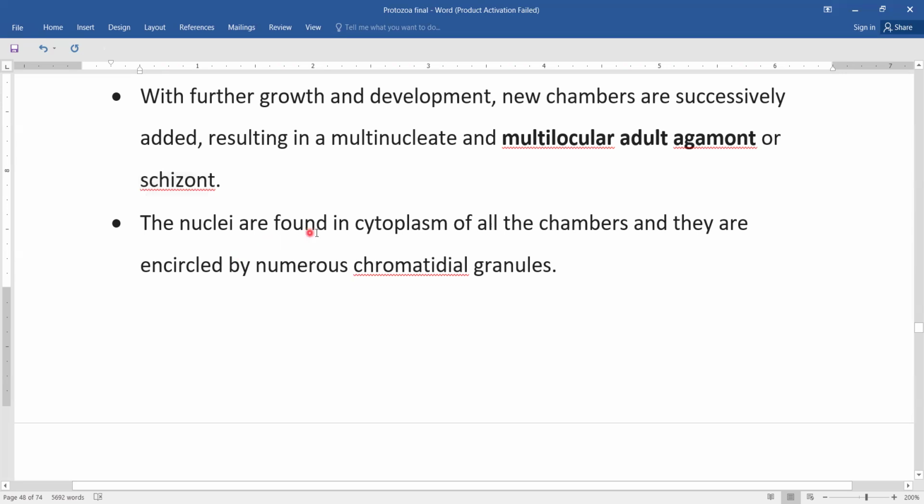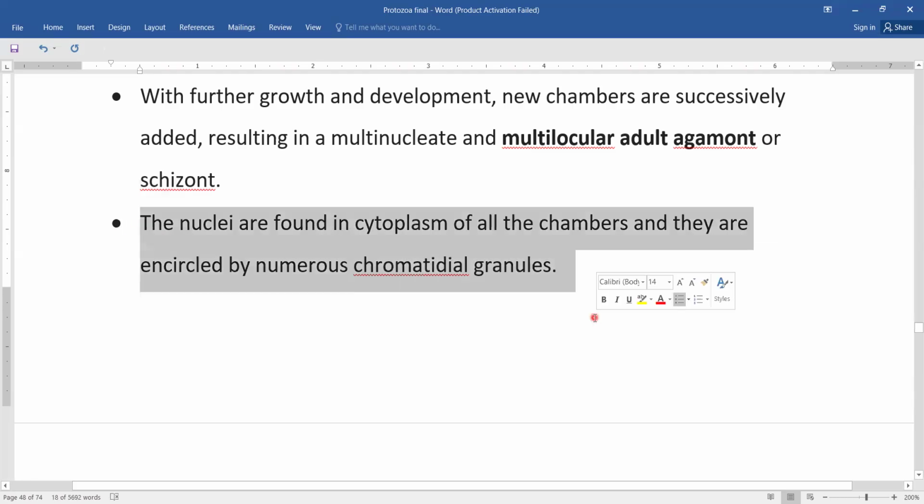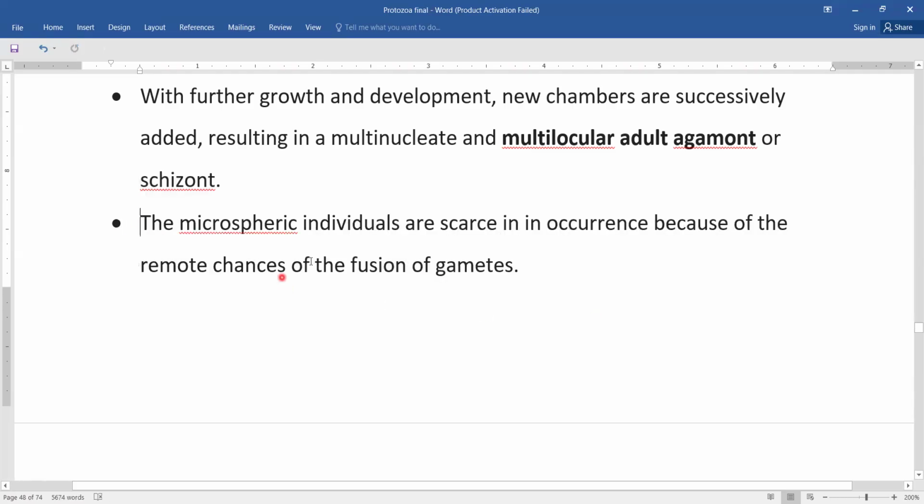The nuclei are found in the cytoplasm of all chambers and they are encircled by numerous chromatidial granules. Okay, this is not needed for you. The microspheric individuals are scarce in occurrence because of the remote chances of the fusion of gametes.